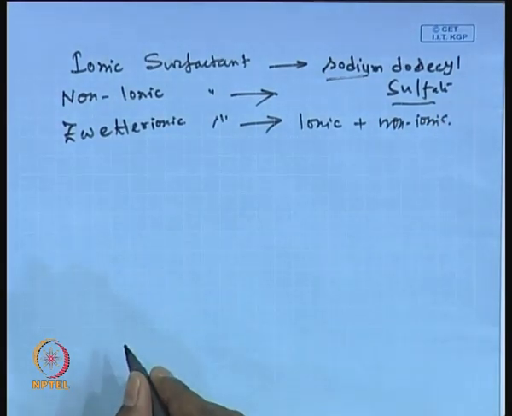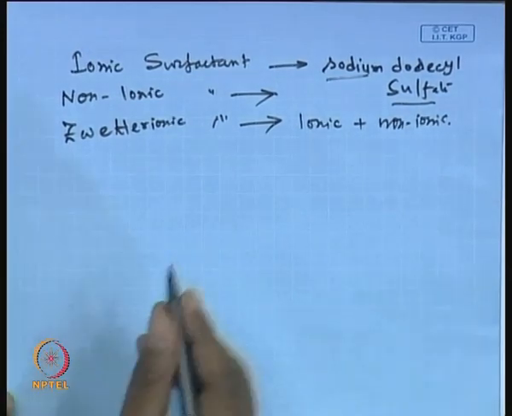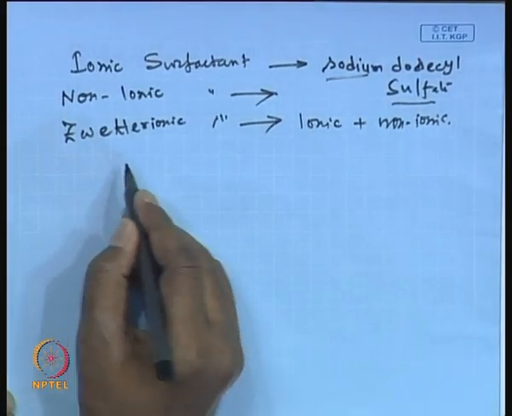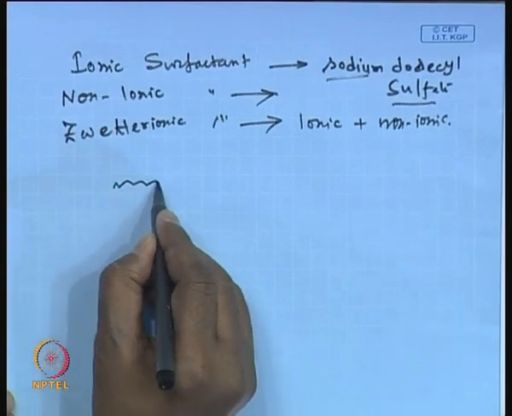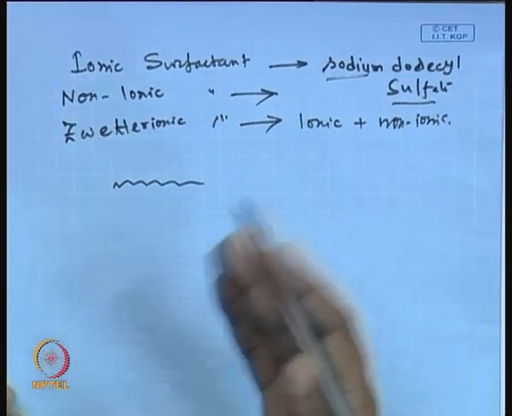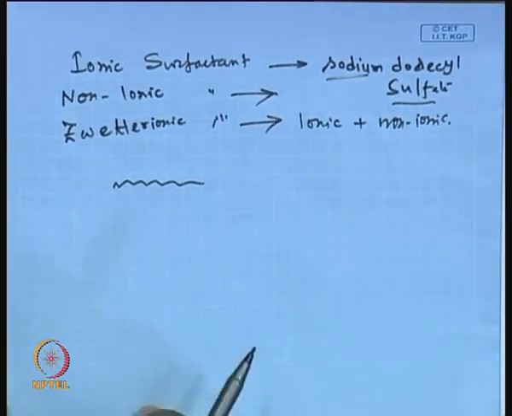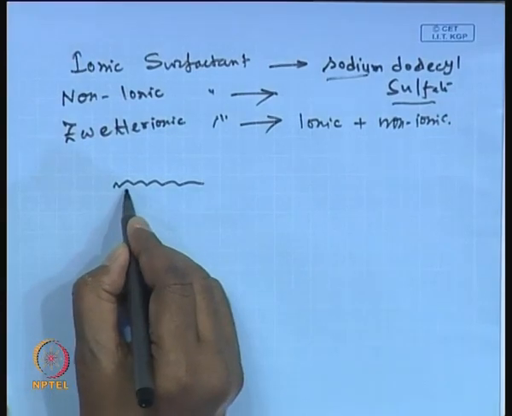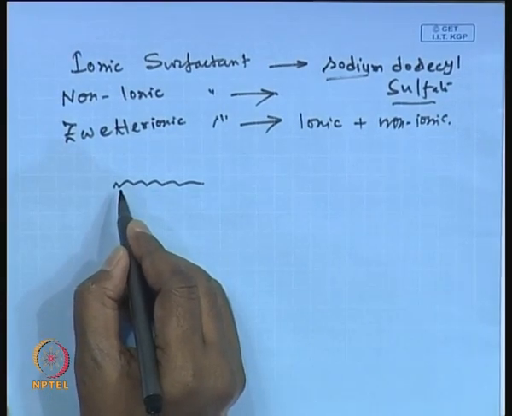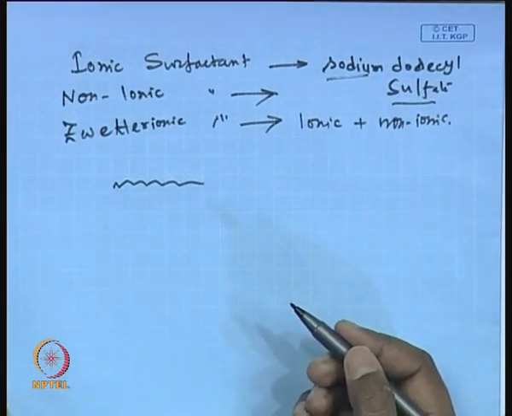Now, there are several properties of the surfactants which lead to the separation of solutes. For example, if you have a bucket of water, and you put some surfactants in it, the surfactant head groups will be water loving, the hydrophilic groups, and the surfactant tail groups will be hydrophobic, they do not like water.